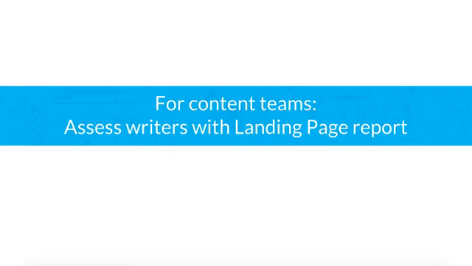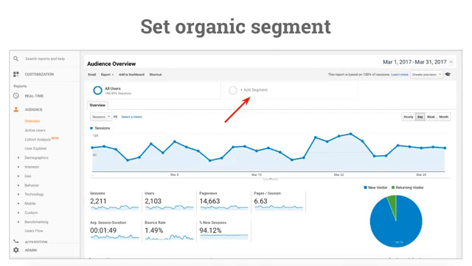So if we go into the landing page report, that will help us take a look at the writers from a metrics point of view. Now, in Google Analytics, you can set segments. And adding segments allows you to see traffic that meet only that specific criteria. So normally you're looking at the all users segment.